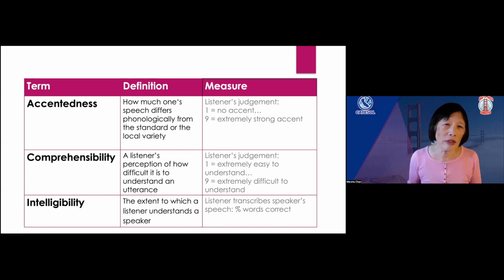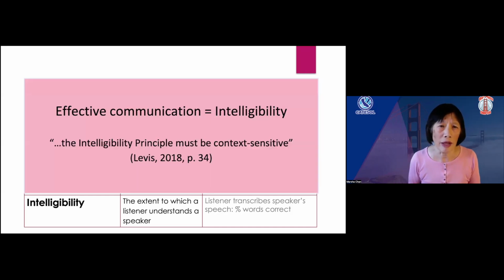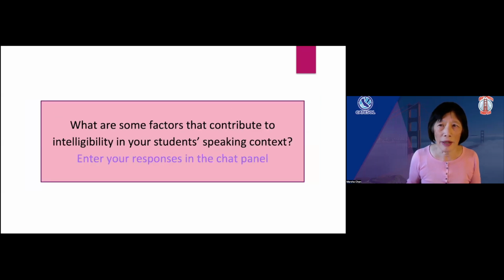If the listener can transcribe the speaker's speech, you can look at a percentage of how much they get correct, and that will be more or less the intelligibility aspect of it. Now, effective communication is intelligibility. So the intelligibility principle must be context sensitive. Thank you, John Levis, and many others.